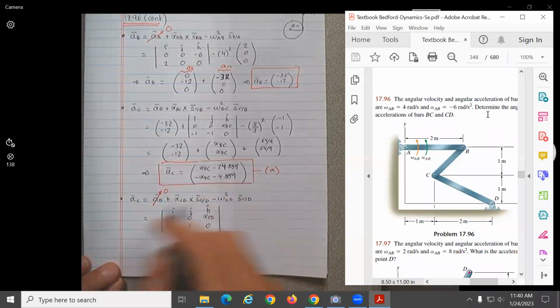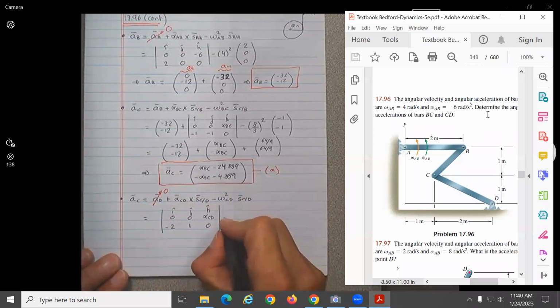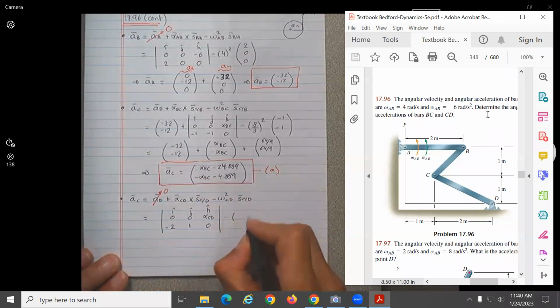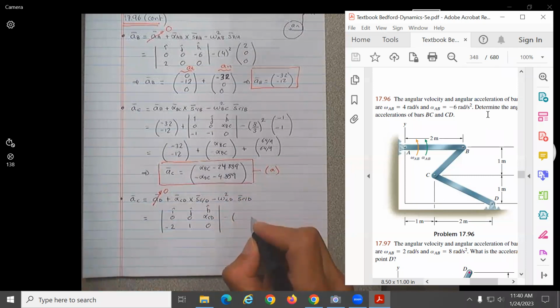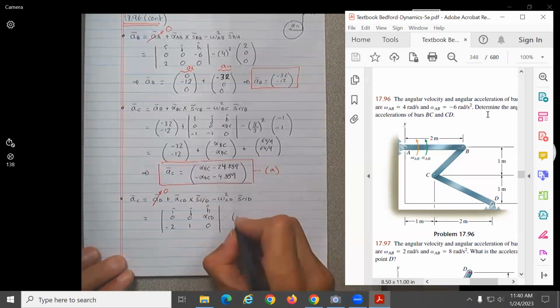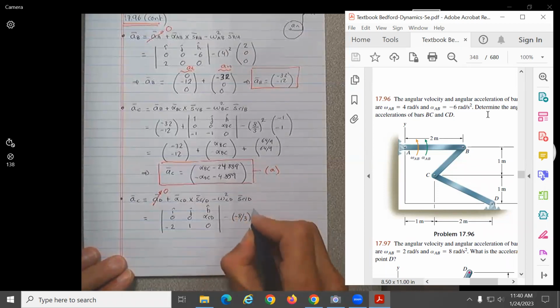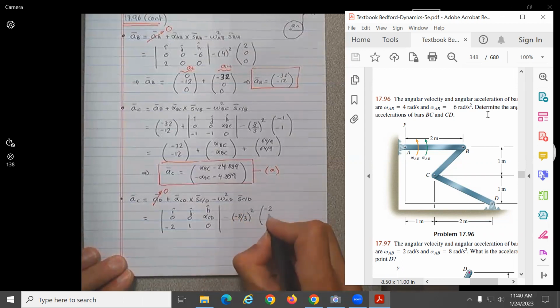This should be the same values that we had for the velocities, if you want to check with your previous notes. Then what was omega CD that we calculated last time? Omega CD is negative 8/3. Negative 8/3. Oh yeah, it's because we said it would be on the opposite sign, okay? Same sign. So squared, of negative 2 and 1.